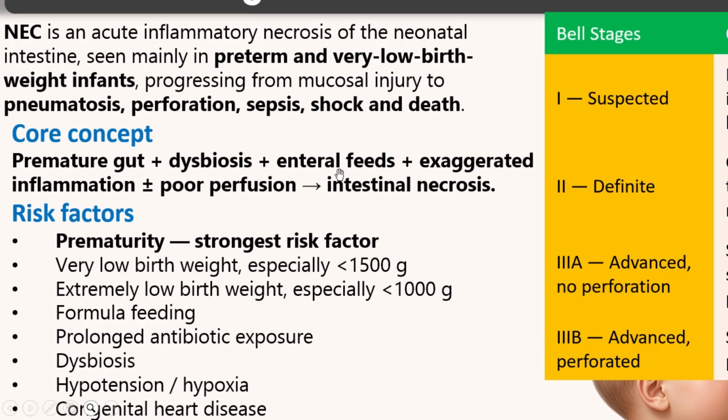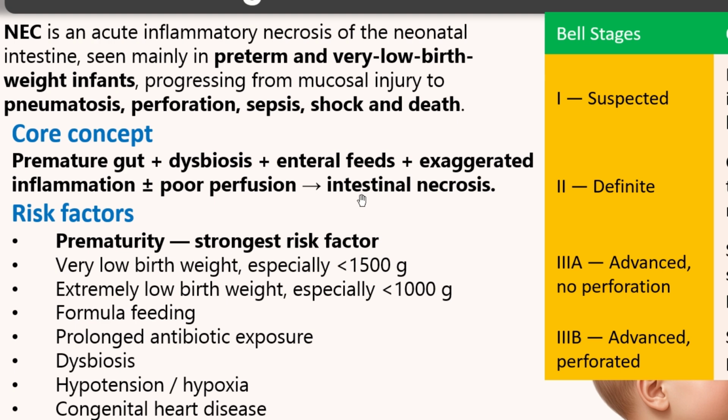We are giving formula, we are giving other food, and then all these somehow come together to cause an exaggerated inflammation, a poor perfusion, as well as intestinal necrosis. Don't worry, I'm going to expand on this picture when we look at the pathophysiology, and I'm going to explain how each of these comes into the interplay. But it's very important that you understand this simple architecture as we begin.